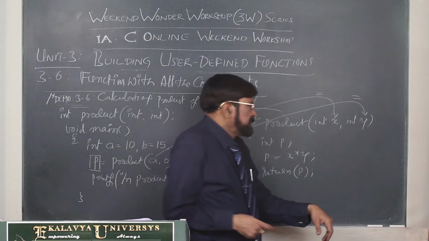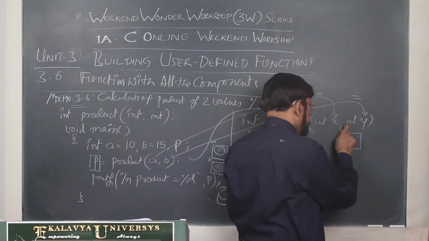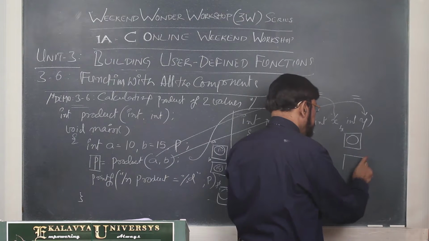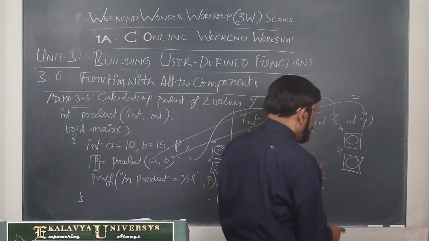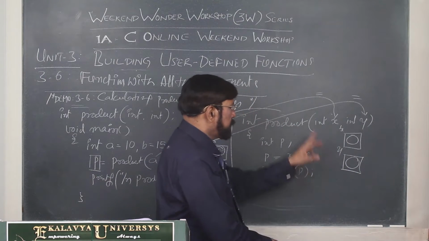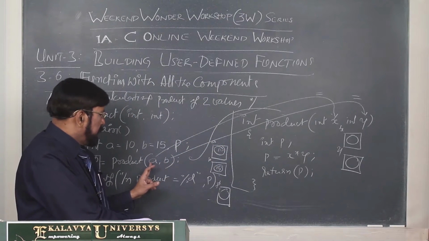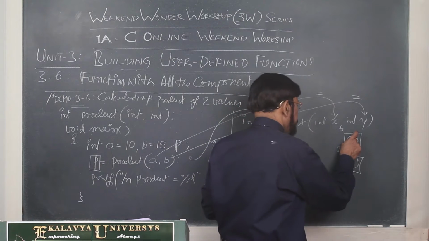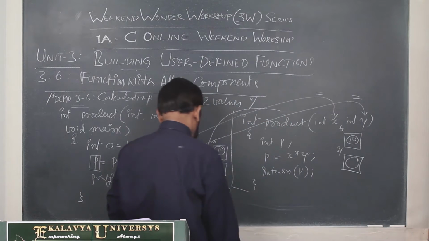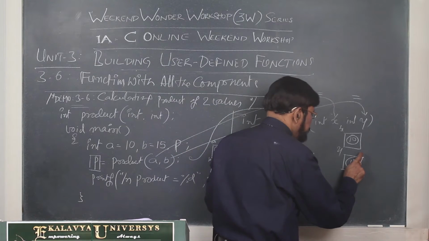Thereafter, as far as formal arguments are concerned, one variable is created for x and another variable for y. Now, on the function call, a's value is copied into x. As a result, 10 is copied here, and 15 is copied into this.